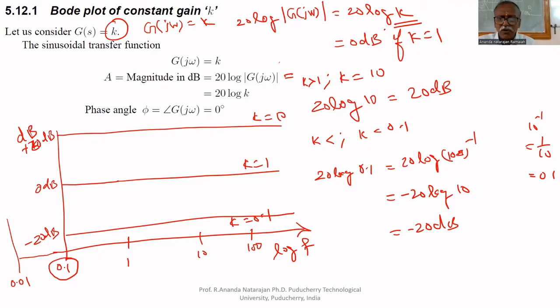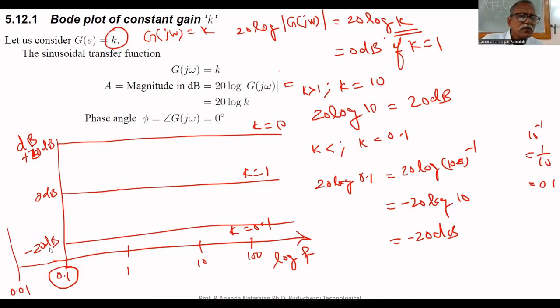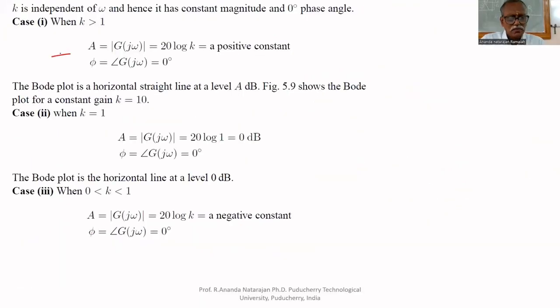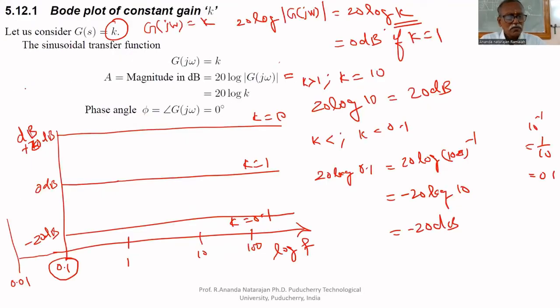What is the angle? Phase plot. What is the phase plot?